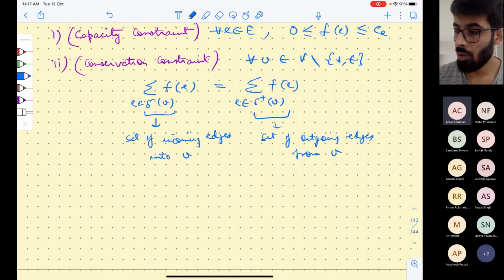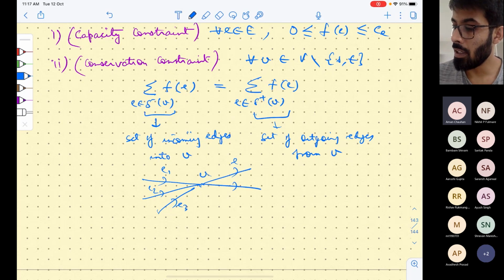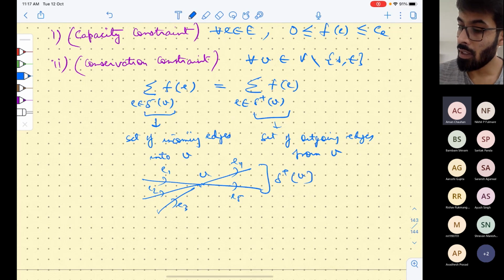Right? So, if this is some V, with incoming edges E1, E2, E3, and E4 and E5 are the outgoing edges, these two are delta plus V, and these are delta minus V, right?